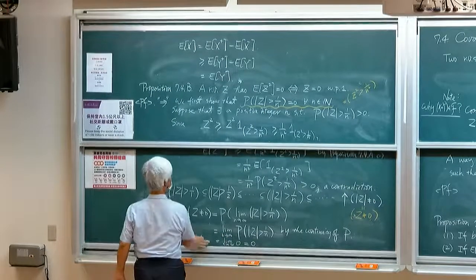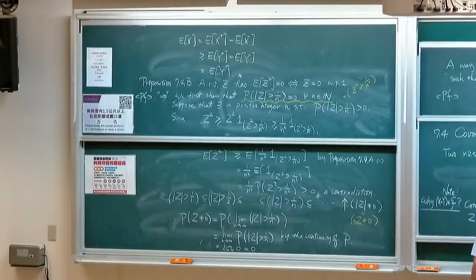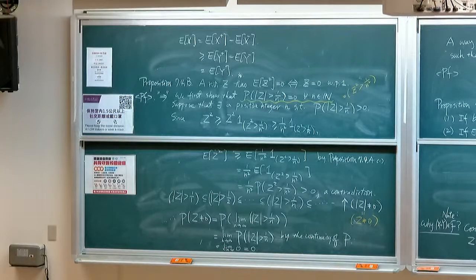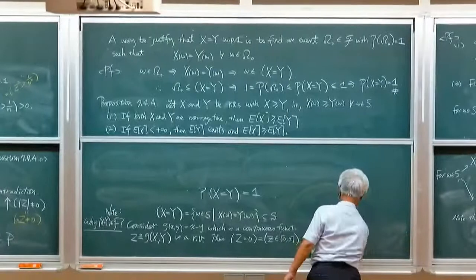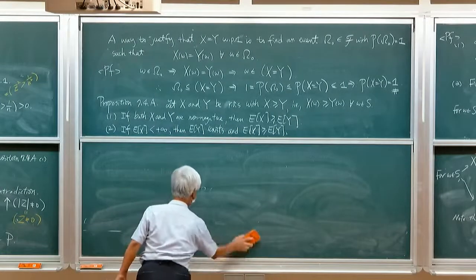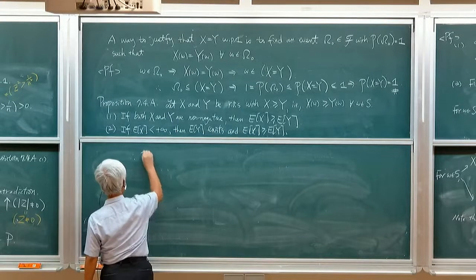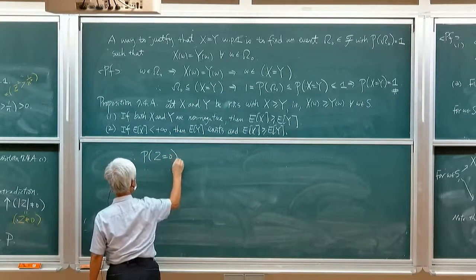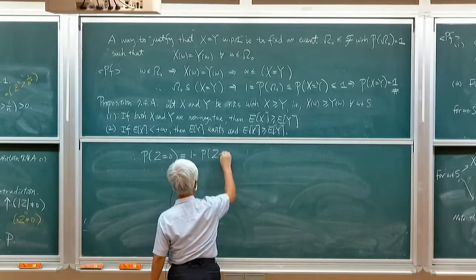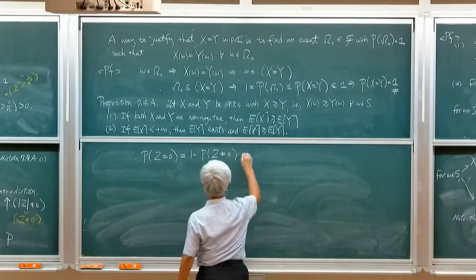So our conclusion, okay, is that the probability of Z equal to 0 is equal to 1 minus the probability of Z not equal to 0, and it's 1 minus 0.